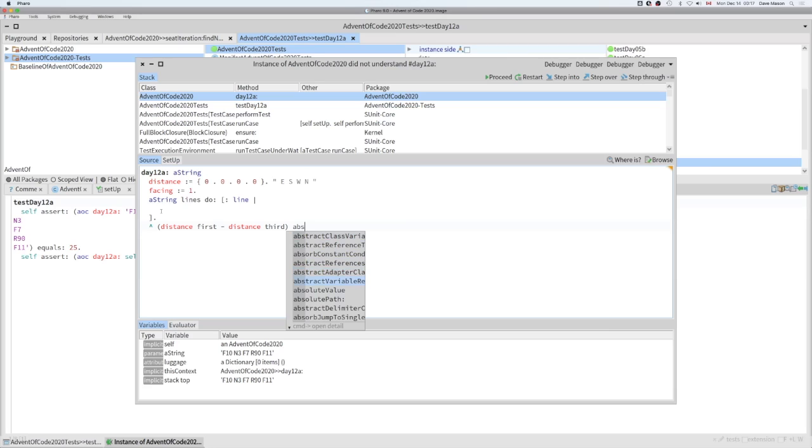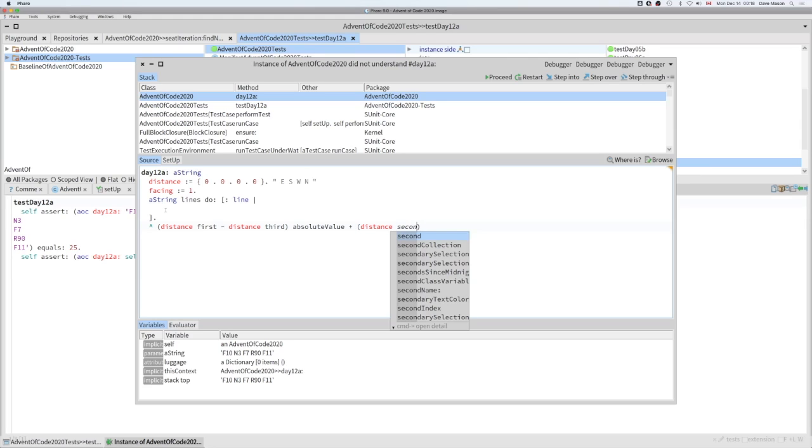And add to that distance second minus distance fourth, and the absolute value of that.